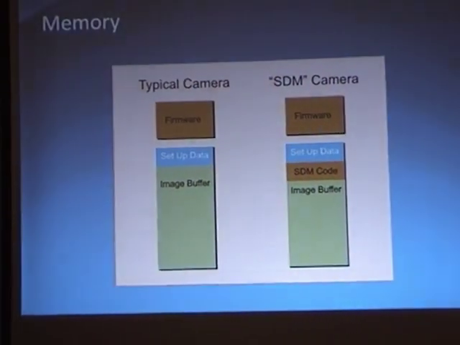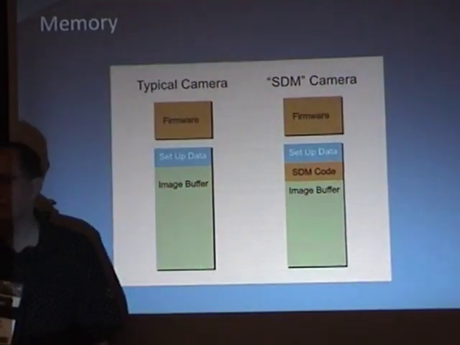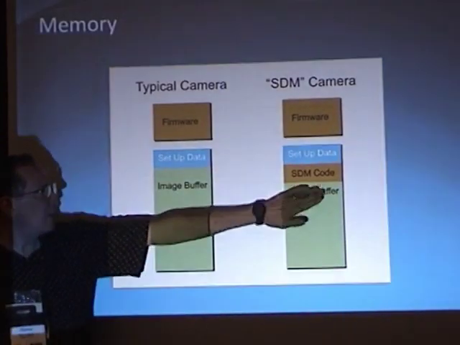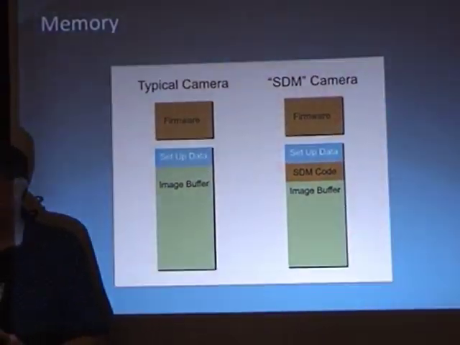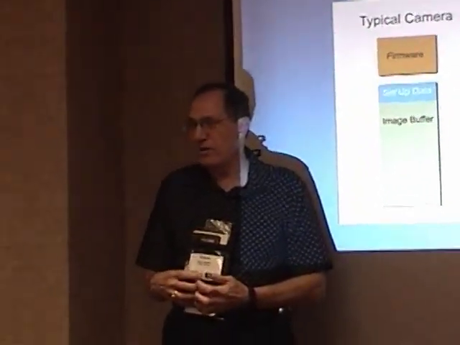One of the nice things about this is when we turn the camera off, this goes away. These two chunks of memory go away. So if we've made a mistake, we've loaded the wrong software, the software has a problem, it's really easy to fix it. Take the batteries out of the camera, leave them out for about 30 seconds, put them back in, and whatever you loaded for StereoData Maker is all gone. You can start over again.